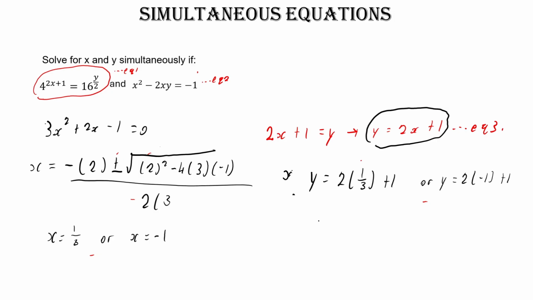When you simplify that, you get y is equal to 5 over 3, or y is equal to negative 2 plus 1, that's just going to be negative 1. And those are your two final answers over there.